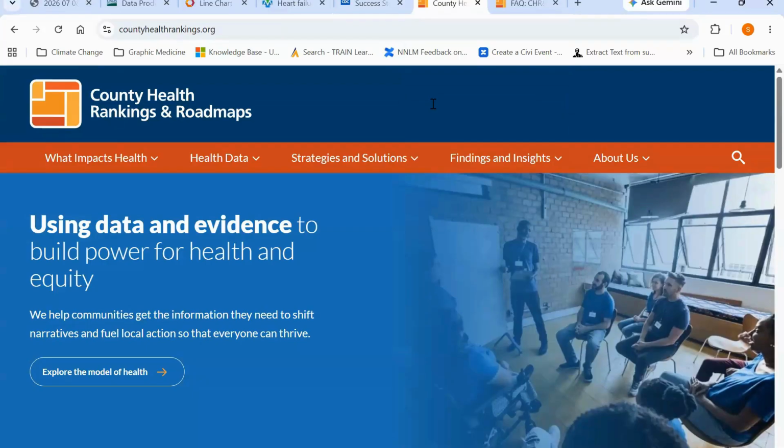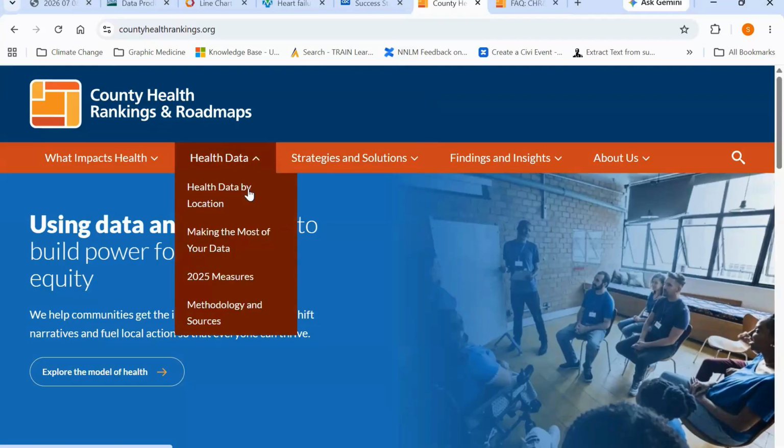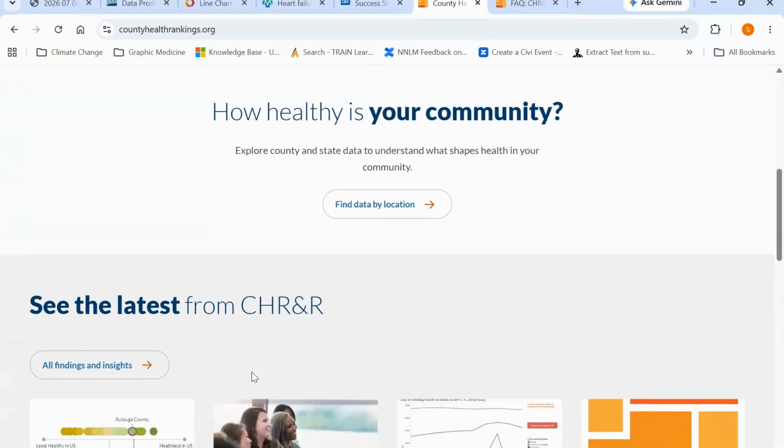They are still a resource for you until then, but be aware that at that point, no new reports are coming out, and they will be sunsetted. But until the end of the year, they are a resource for health data by location and understanding the data. So you can find data by location.